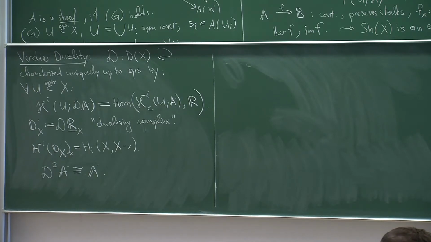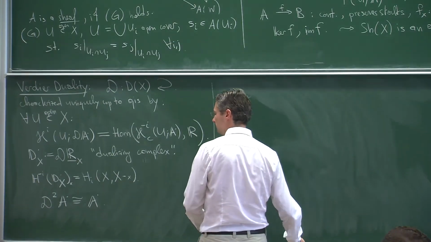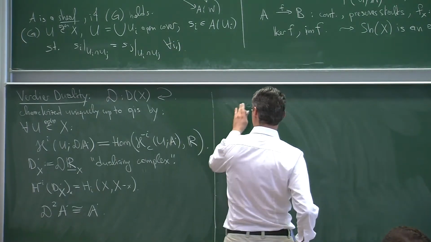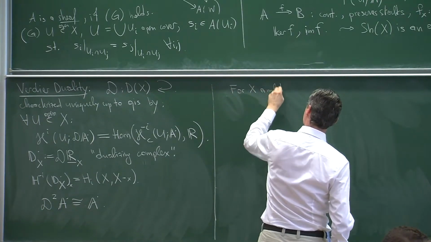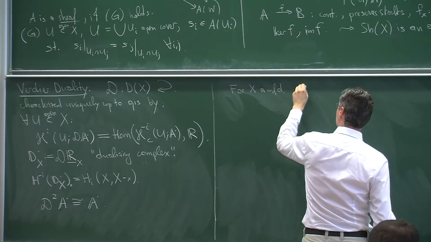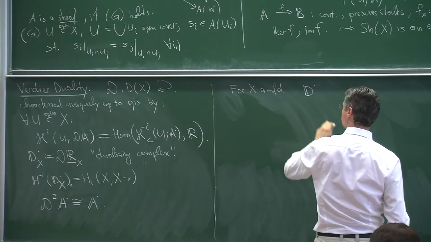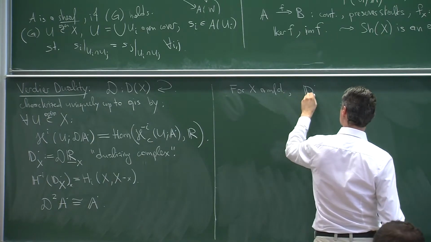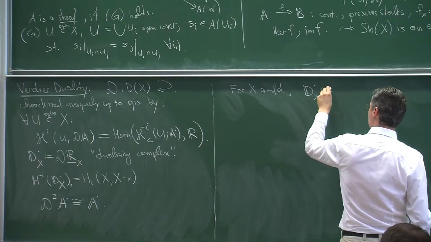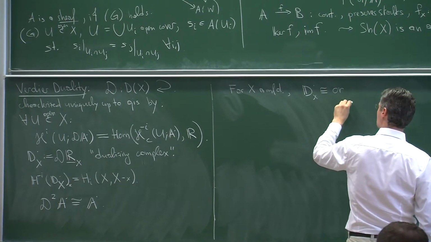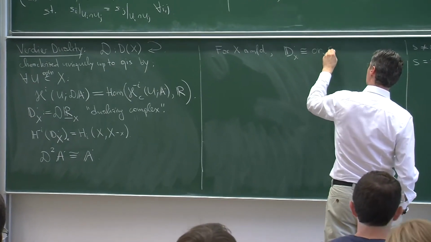there are a couple of functors that you can actually define through dualizing. So for X a manifold, as I said, the dualizing complex is canonically isomorphic in the derived category to the orientation sheaf on X with a shift by the dimension.